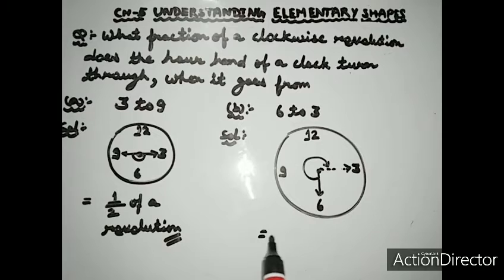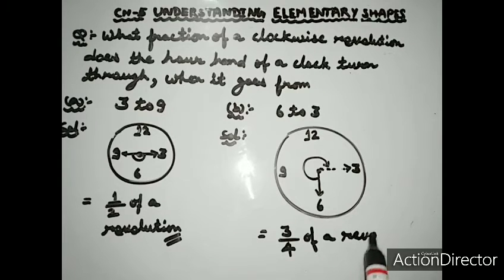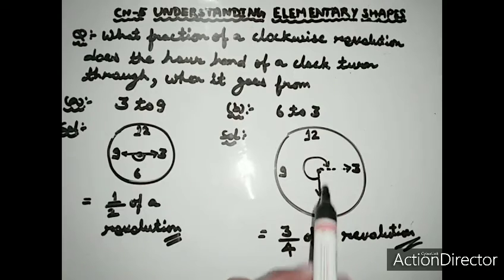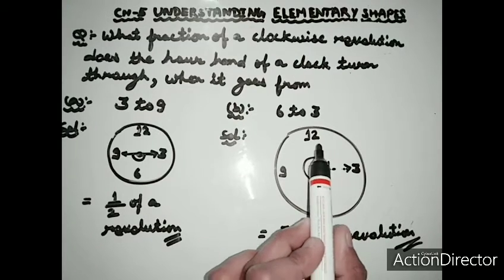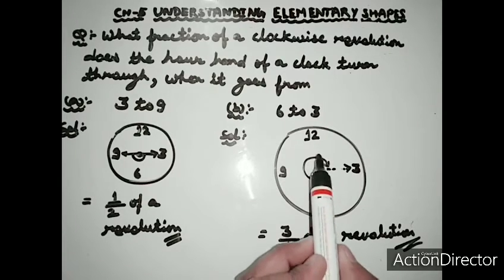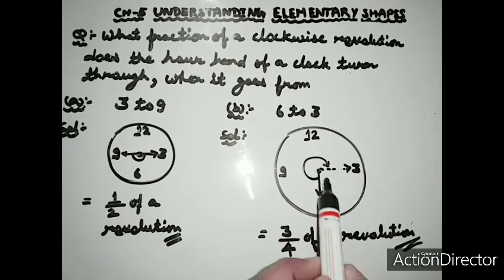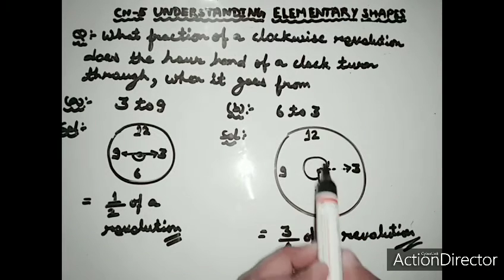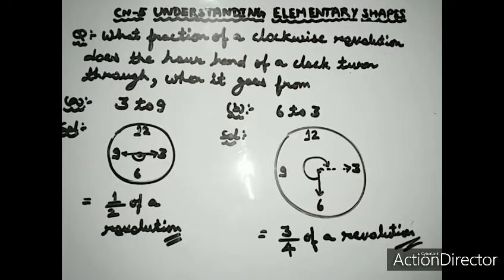So here we write 3 upon 4 of a revolution, right? Students, there are basically a total of 4 right angles when it moves 12 to 3, 3 to 6, 6 to 9 and 9 to 12. So there are a total of 4 parts here.